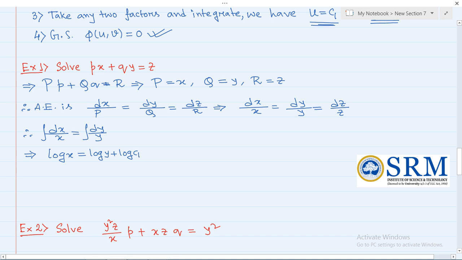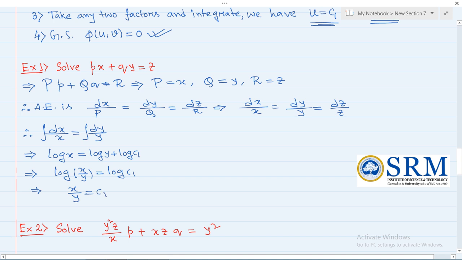Now log y we can take to the left hand side. Log A minus log B is log of A upon B, so we can write log of x upon y equals log C1. We can remove the log by taking the exponential, so x upon y equals C1. This is our first family of curves, or first solution.